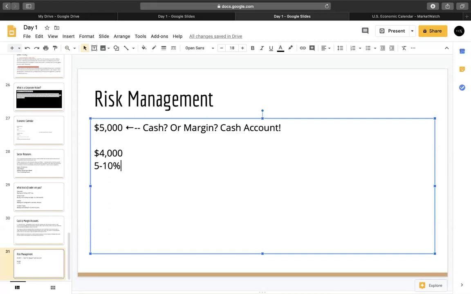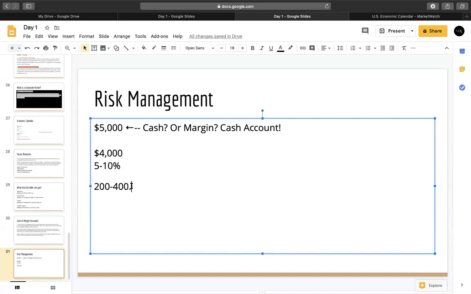So let's say you use 4,000 in your account and you get faked out, you get stopped out. 4,000 times 5%, the minimum you lose is 200, and the max you lose is 400.